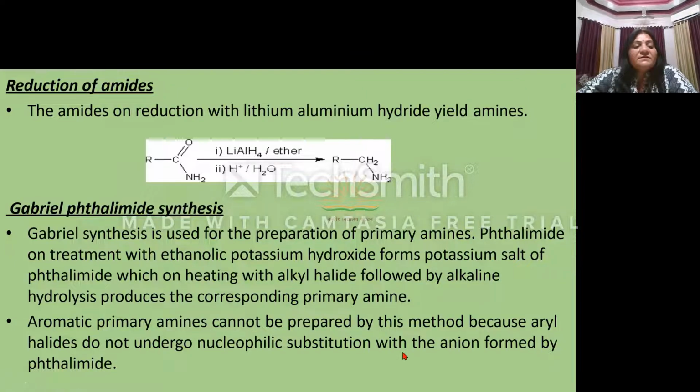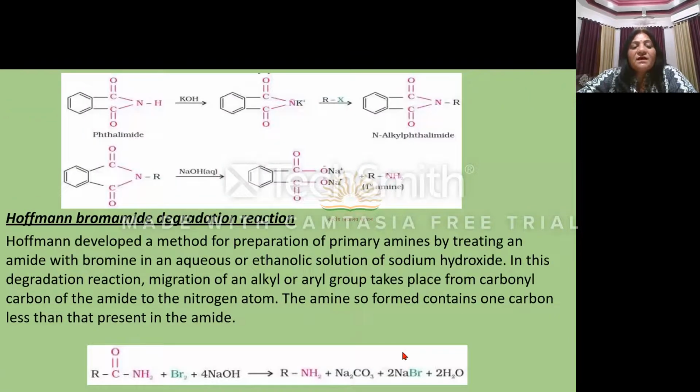This is phthalimide. Benzene 1,2-dicarboxylic acid reacts with ammonia, liberates water and forms phthalimide. Now this is the starting compound for the Gabriel phthalimide synthesis. It reacts with the alcoholic KOH.